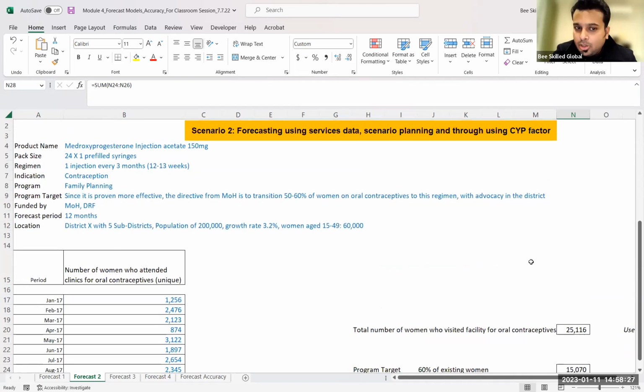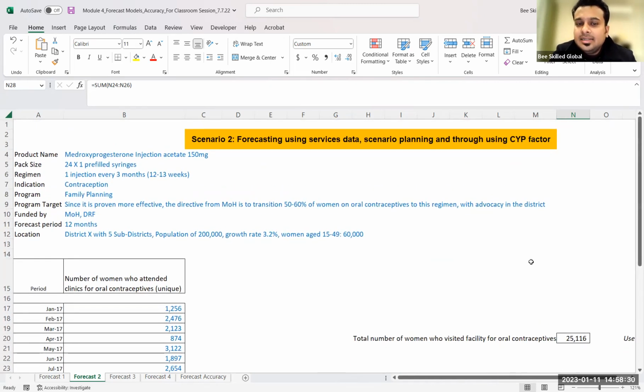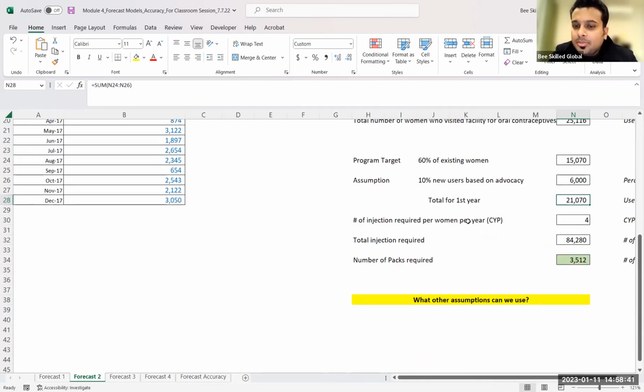Now, in this product, which is an injection needed every 3 months, it's a simple calculation that you need 4 injections in a year to avoid pregnancy. So in this case, the CYP factor is 4, which is here. Now, which means these 21,000 women in the next year, each of them will need 4 injections if they want to successfully avoid pregnancy in the entire year.